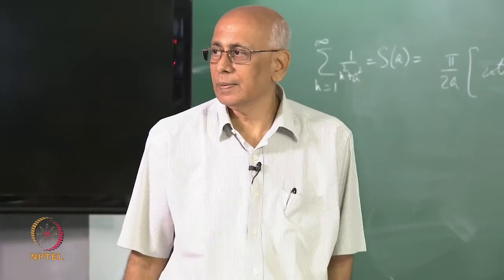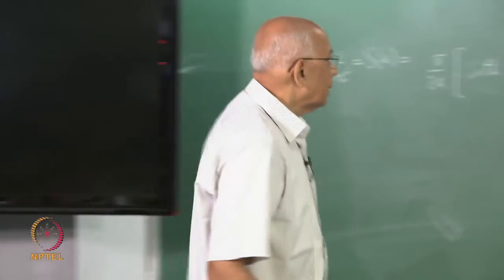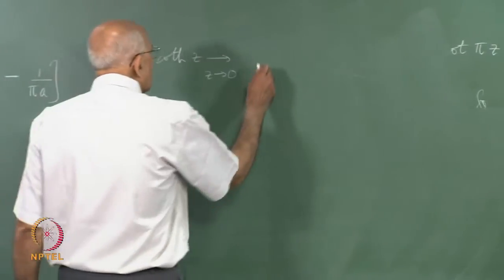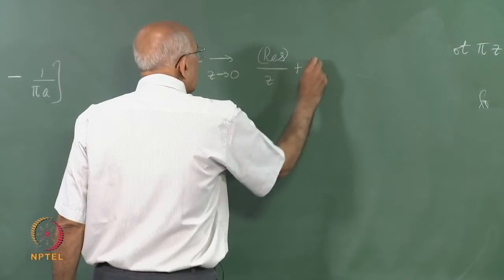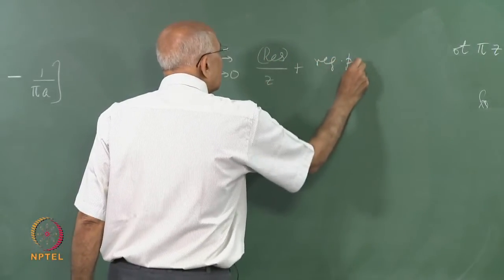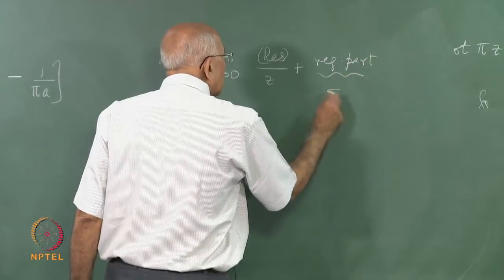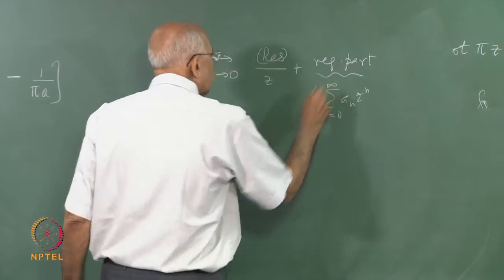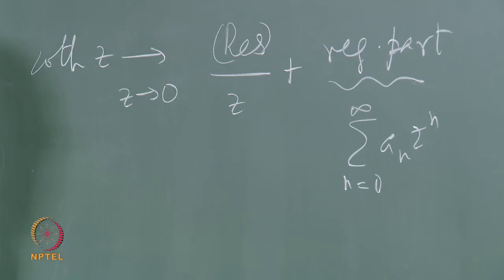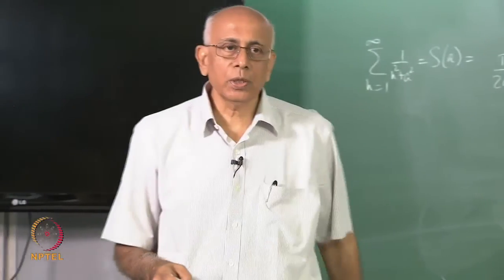What do you think? What I am saying is, this is equal to some residue divided by z plus a regular part, and this part will always have this behavior, the sum of a_n z to the power n, n equal to 0 to infinity, near the origin. My question is, what is going to be the first term, proportional to what power of z?